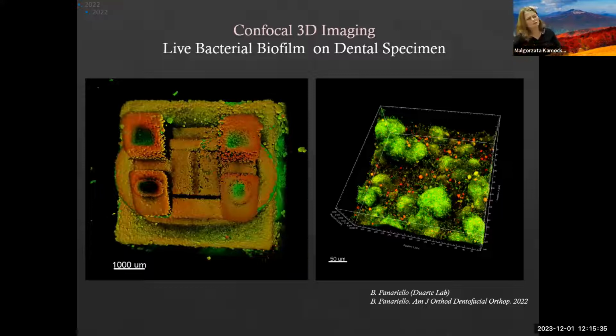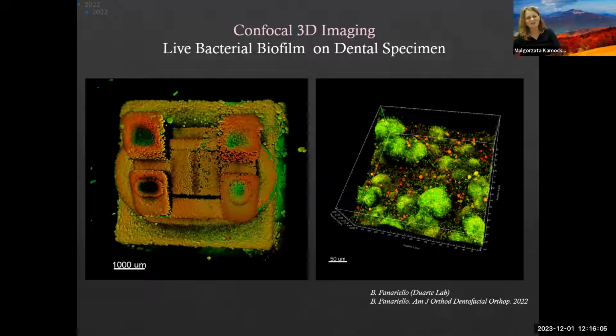So I also wanted to show you an example of 3D imaging, which I've been doing with some investigators from the dental school. And they are interested in evaluating different treatment for infections, various types of infections. So over the years, I've worked with many different specimens with them.